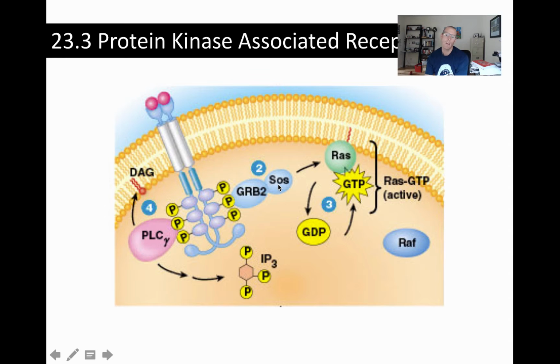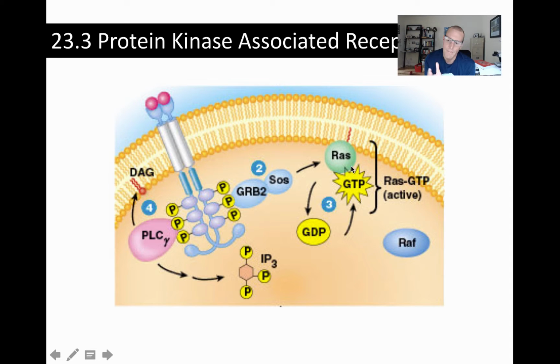SOS is one of these guanine nucleotide exchange factors that you've also seen before, which help to switch out the GDP for GTP. So by bringing SOS to the membrane where RAS is located, we can interact SOS and RAS, and then we can switch out the GDP from RAS. If RAS is just in an inactive state with no receptor activated by ligand, then RAS will just have GDP bound. SOS will kick out the GDP, and then RAS will bind GTP, and that turns RAS on.